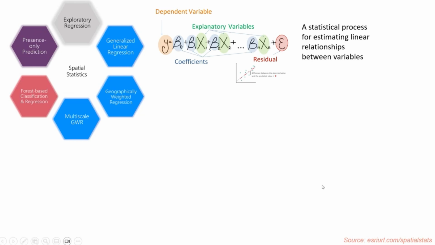You have an equation, you have a dependent variable, your x's will be your explanatory variables, you have your coefficients, which is beta, and you also have your residual. Residual is the difference between the observed value and the predicted value. It helps you understand whether it is overfitting or underfitting.